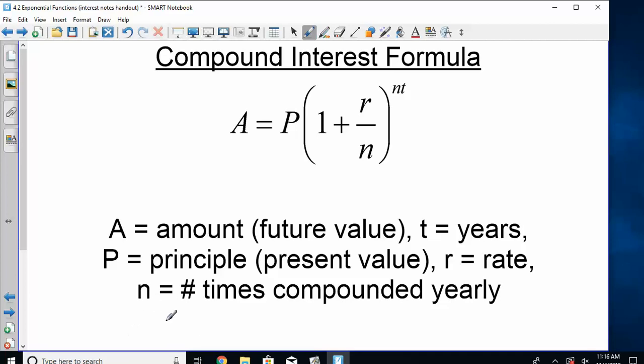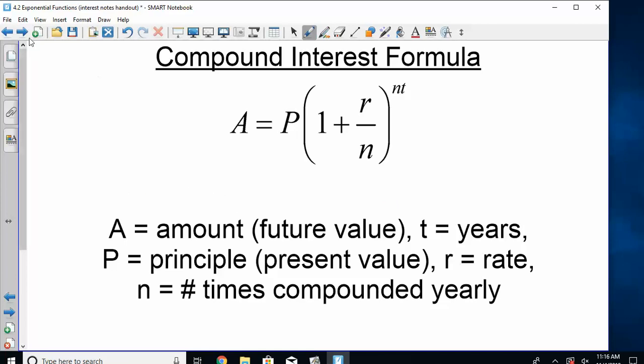So if I say 5%, what would you plug in your problem? 0.05. N is the number of times you compound each year. That's where that last slide comes in. So if I said monthly, your N would be 12. And your T is time measured in years. So if I said 6 months, what would you plug in for your T? 0.5, it's half a year.